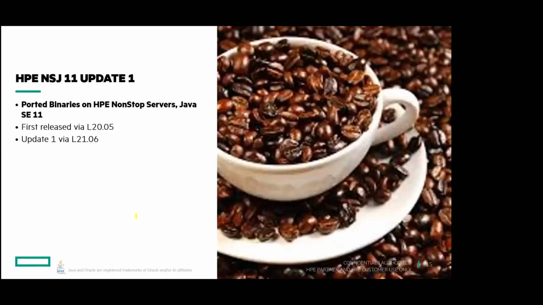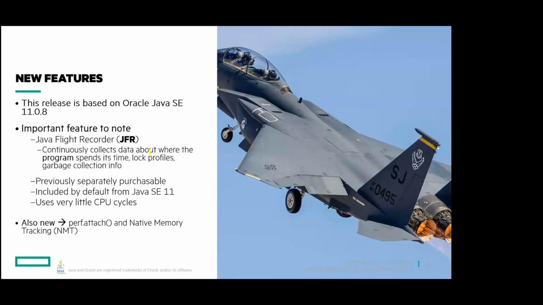Okay, let's go into the Java domain now, from the deep red to the green outlined boxes. So NSJ 11 was released first in L2005 last year, and then we released update 1 in L2106. I'm going to talk about only one feature in the Java that we released in 2106. The important feature is Java Flight Recorder, which is JFR.